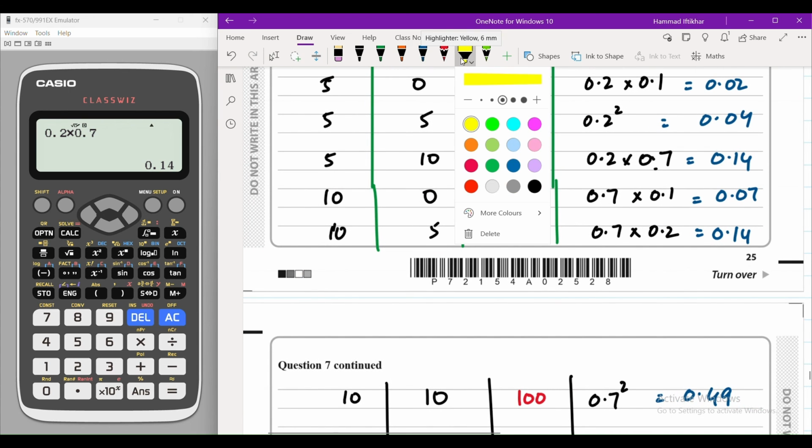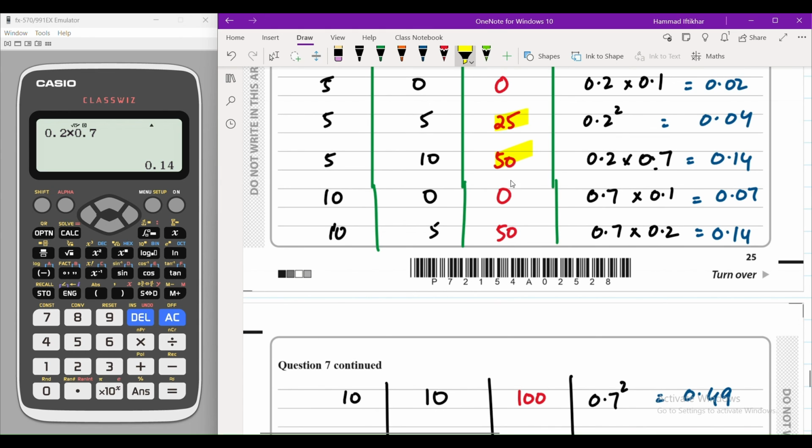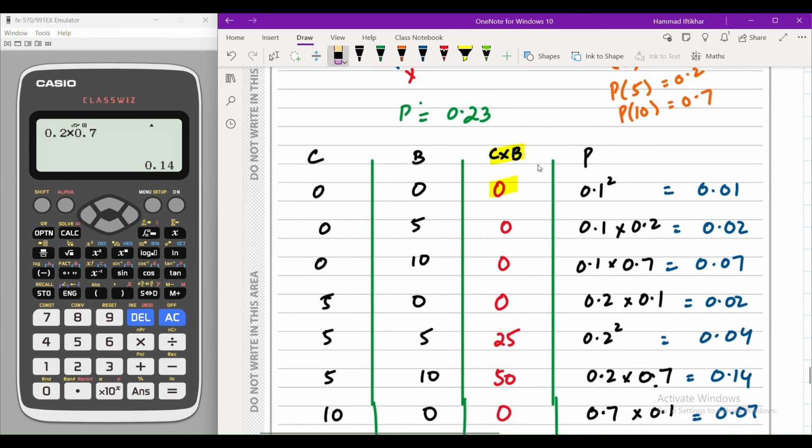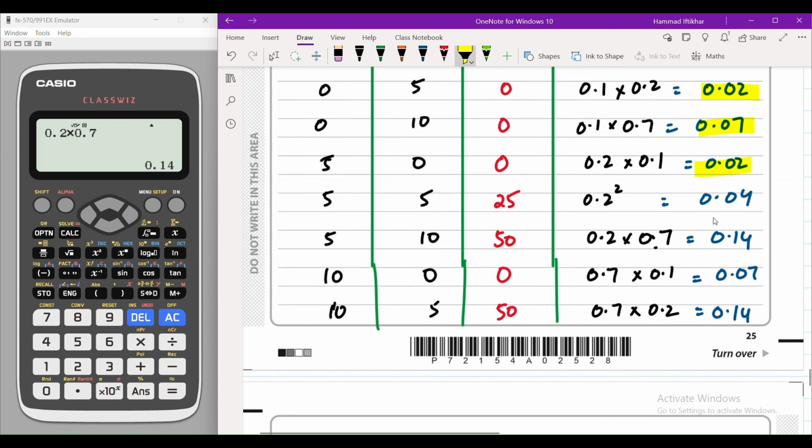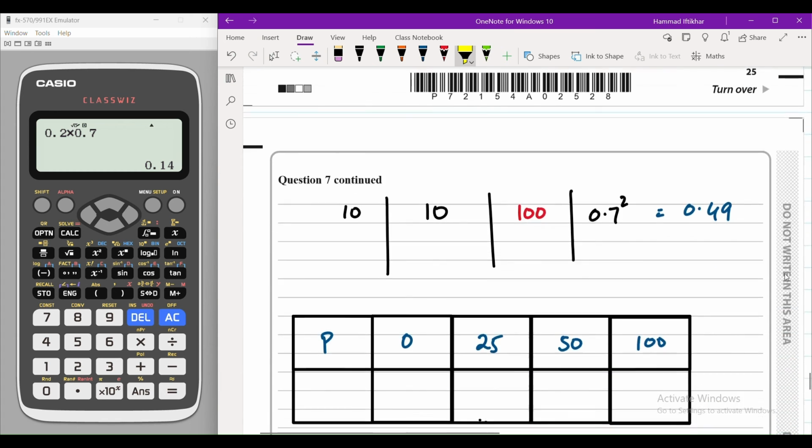Let's use different colors for this. 0, 0, 0, 0, 0, and that's about it.